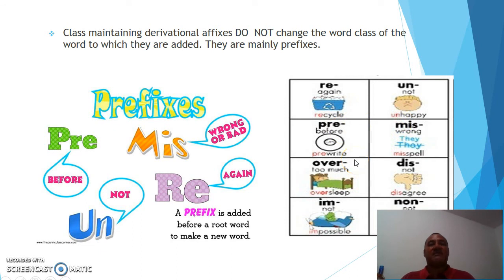Pre, before, prearrange; mis, which means wrongly, spell, misspell. And here we've got possible, impossible. They are the same word class, adjective. And here fiction, which is a noun, when we add the prefix non-, nonfiction, which is still a noun.